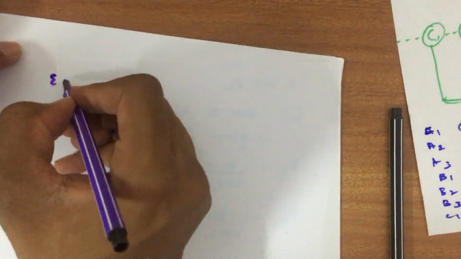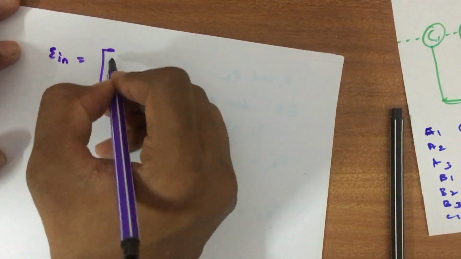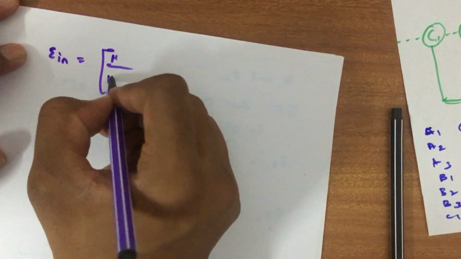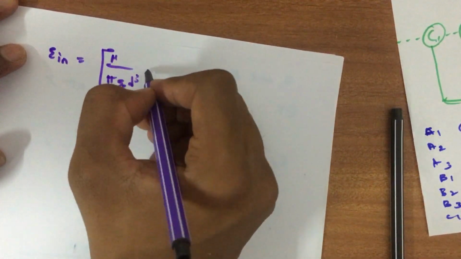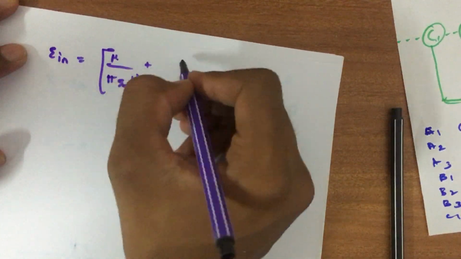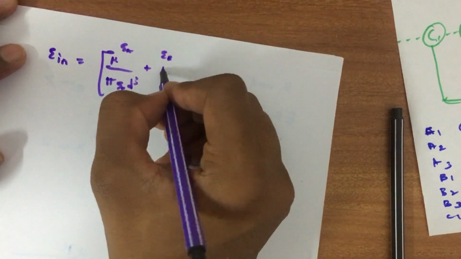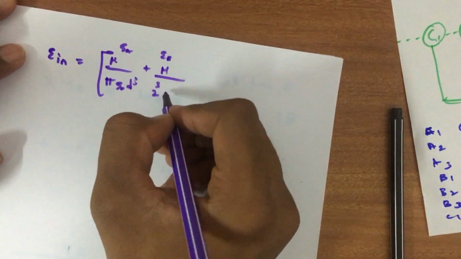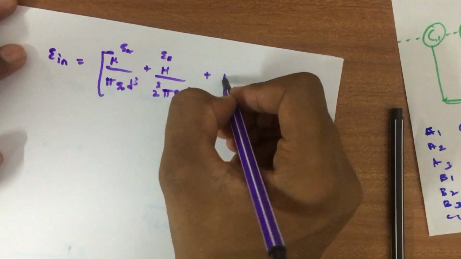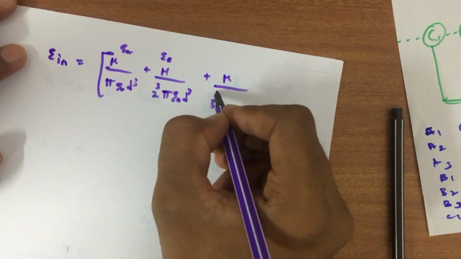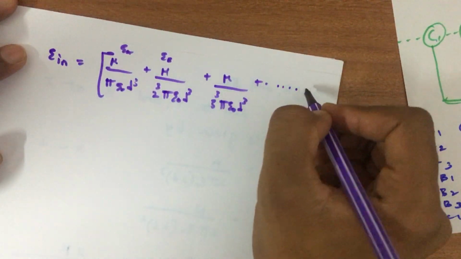So I'll take EIN, it will be equal to, the formula for that is mu by epsilon naught d cube. So this is for EA and this is for EB, what will happen? Mu same, but only 2 cube is added, epsilon naught d cube, and plus mu by 3 cube epsilon naught d cube and so on, so on.